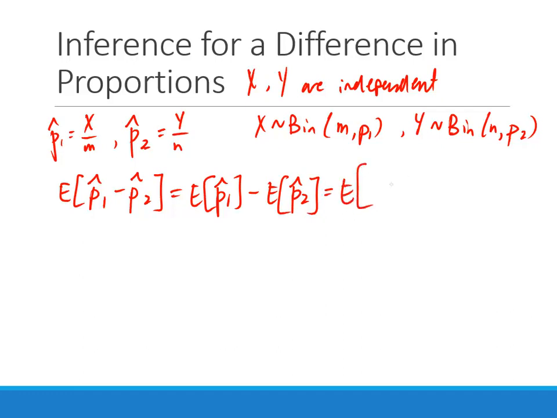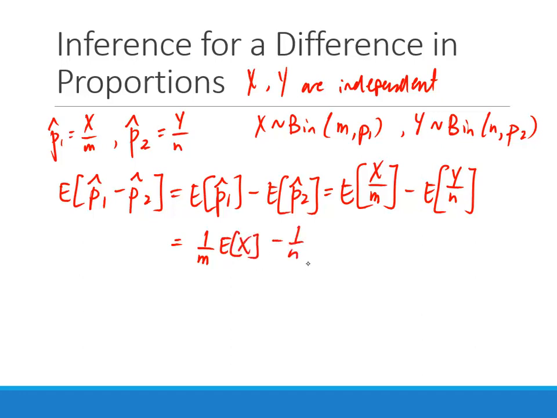P hat 1 is X over m, and P hat 2 is Y over n. We can pull the constants outside, so this is 1 over m times the expected value of X minus 1 over n times the expected value of Y. So what's the expected value of X?